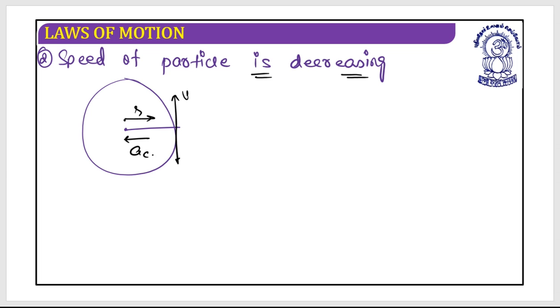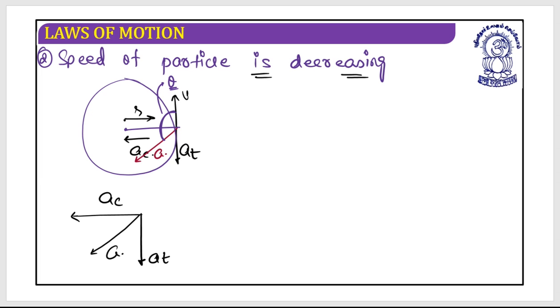That means AT must be acting opposite to the velocity. So this is AC, this is AT, which we call the tangential acceleration, and this must be A, the resulting acceleration of AC and AT. So if this is the acceleration A, this must be the angle between V and A, and as you can observe very clearly, this is an obtuse angle.